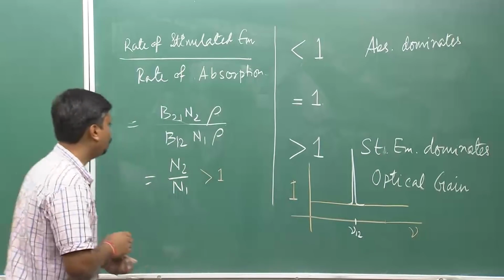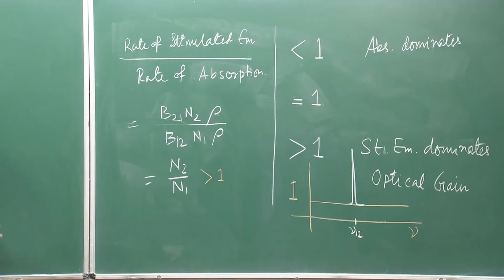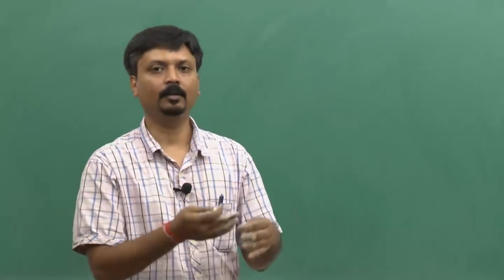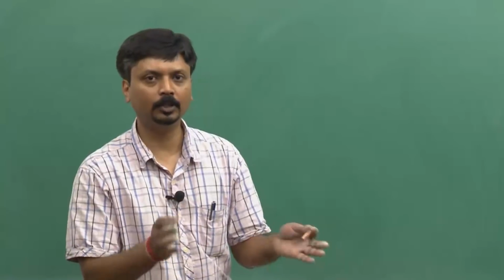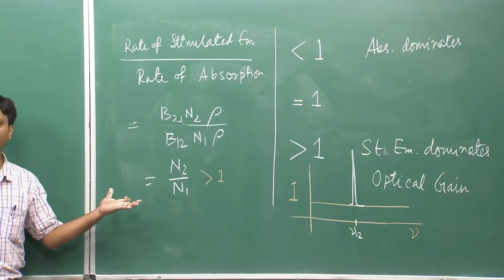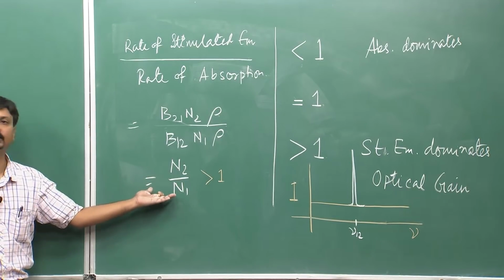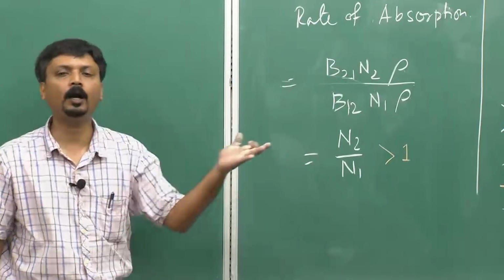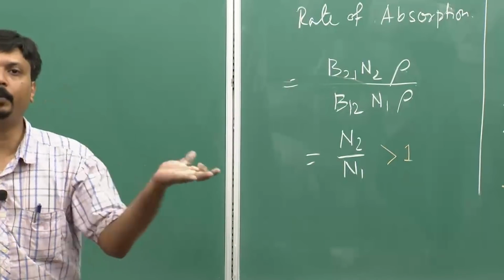Now, mathematically we got it, but how can we get this condition N2 by N1? If I can get that, I can make a laser, not much trouble. Now, what is preventing me from having this condition? If I can do it mathematically, why can't I actually do it?